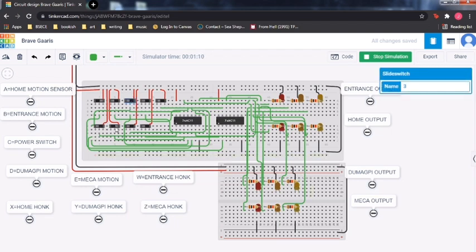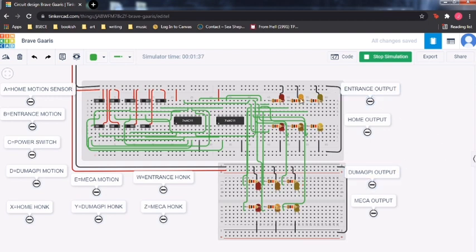Next, if there is a car at the Dumapi residence, let's turn on the power switch, the Dumapi motion sensor, and the Dumapi honk. There is no output, or the light will not turn on at the Dumapi output.